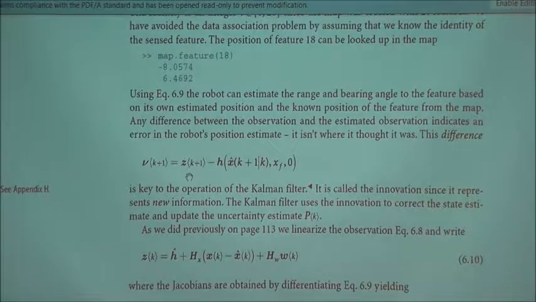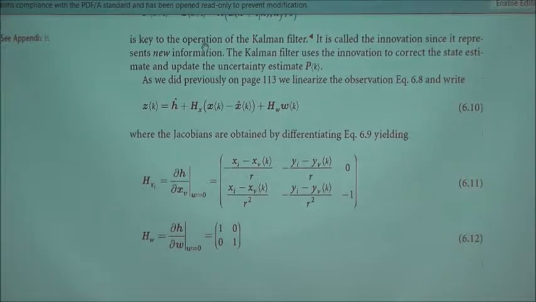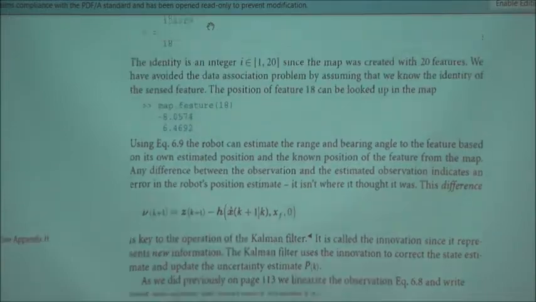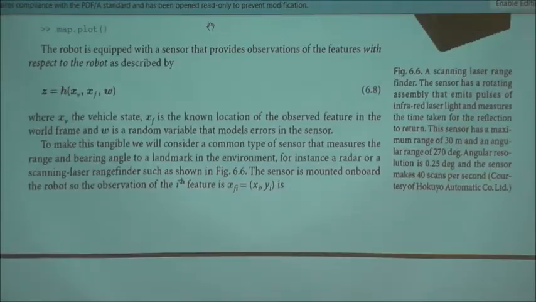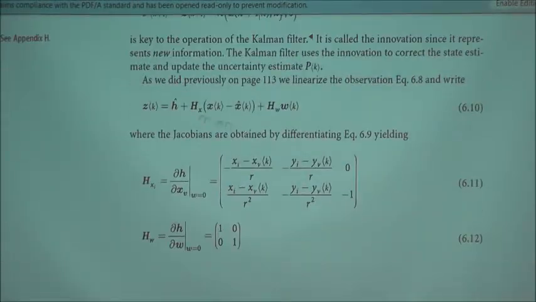So you go to the extended Kalman filter, you write this equation, and you expand in a Taylor series expansion of this equation right here, with respect to xv and xf and w, and you get this equation like this.